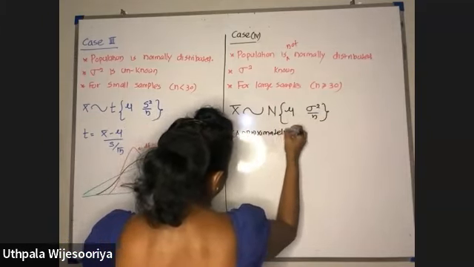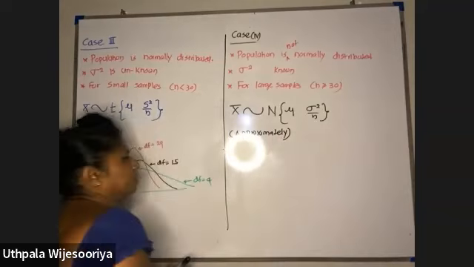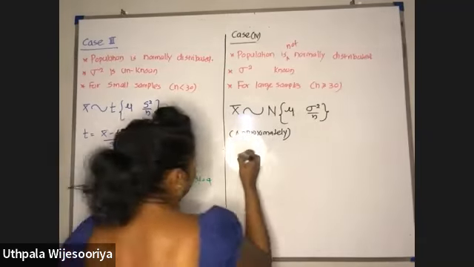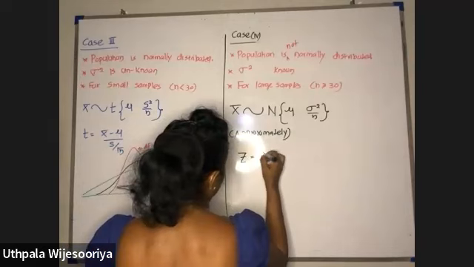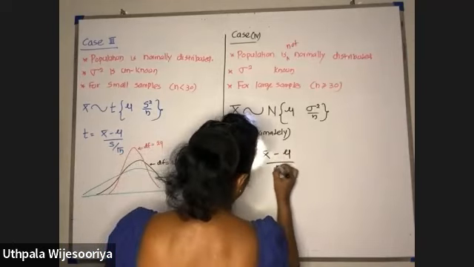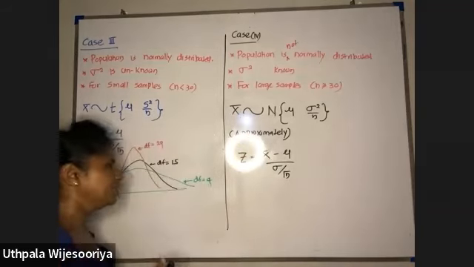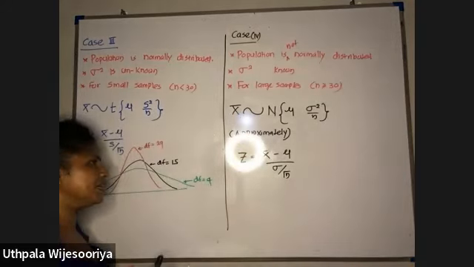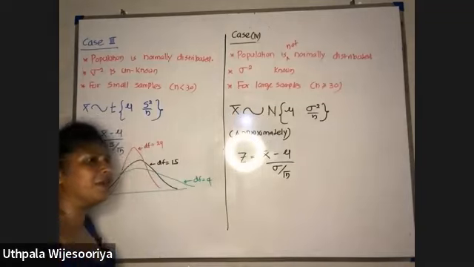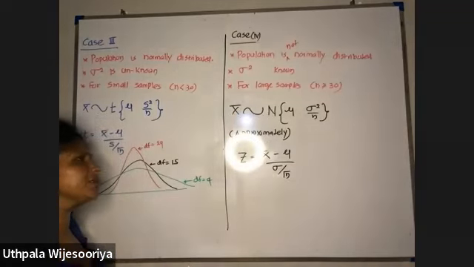Approximately, but the Z value is the same as case 1: Z equals x bar minus mu over sigma over root n. So comparing case 1 and case 4, what is the difference?